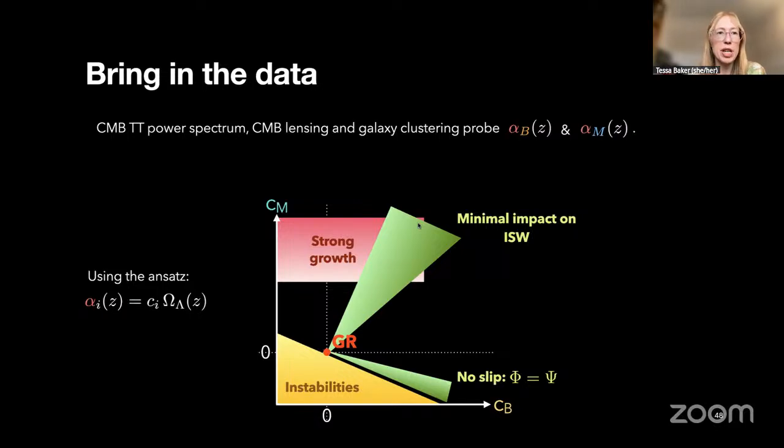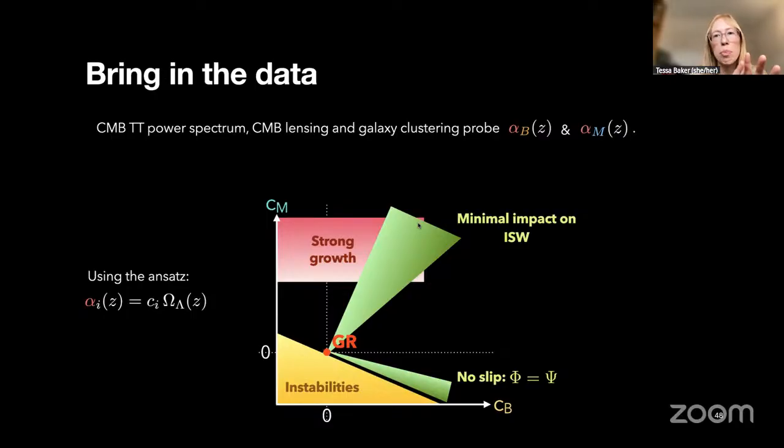Now, what we're going to do is bring in some data to make the sort of real version of this plot. So I'm going to use data from the Planck CMB temperature power spectrum, which we just looked at. That will also have some modeling in it of the CMB lensing, right? So those CMB photons are lensed by small anisotropies at late times.